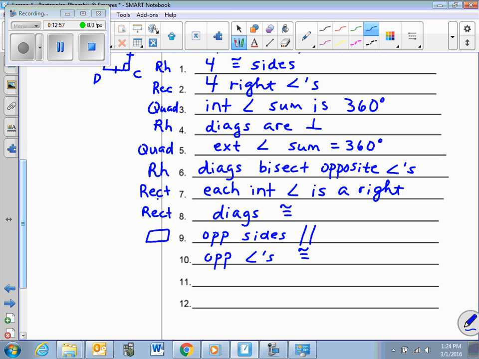We know consecutive angles are supplementary, right? And what do we know about the diagonals of every parallelogram? They're congruent? No. They're perpendicular? No. We've already got that covered. The diagonals of every parallelogram bisect each other.